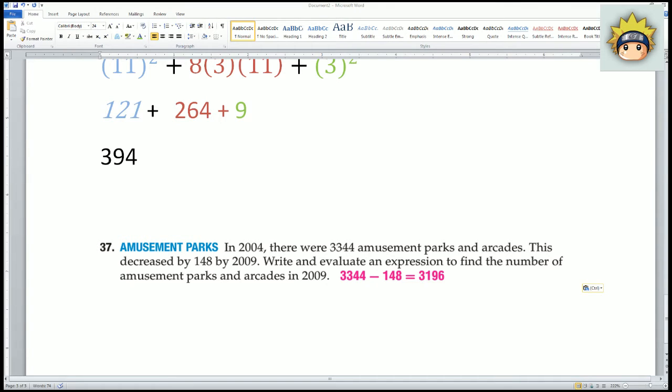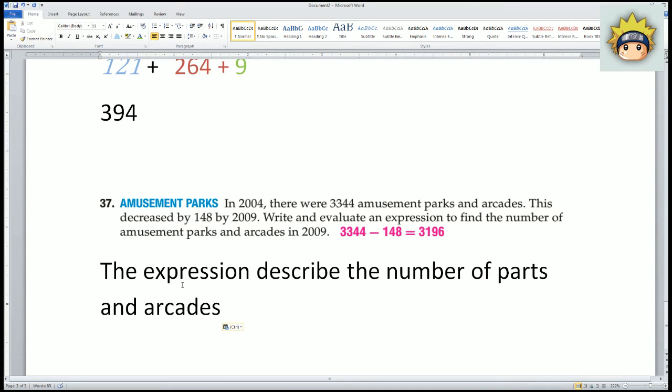So I want to find an expression that describes the number of parks and arcades in 2009.